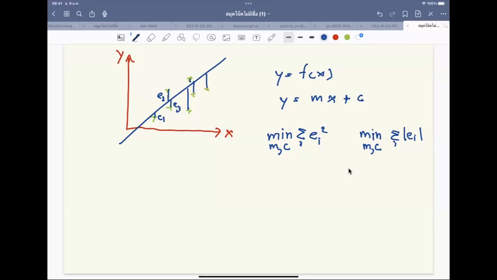Right? So what is Ei? Ei defined as Yi subtract by M Xi plus C. Okay?